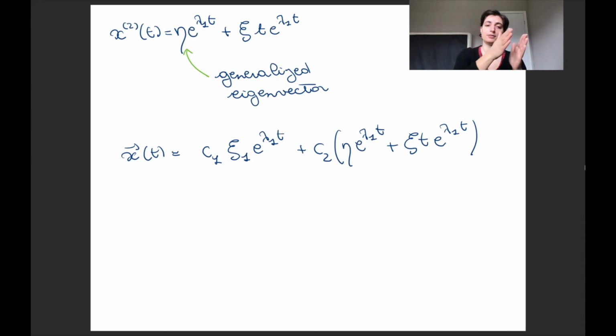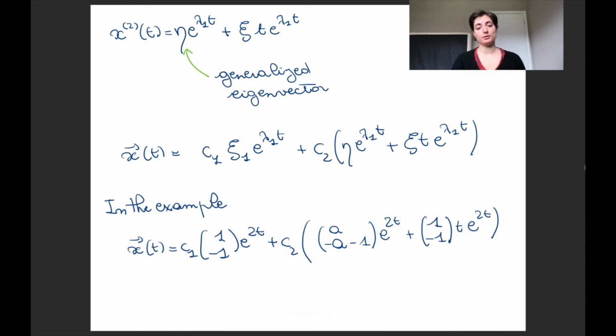So we would have terms with higher powers of t. So eta 2 exponential of lambda 1t plus eta 1 t squared. You would go up to t squared. I might write it down in order for it to be more clear.